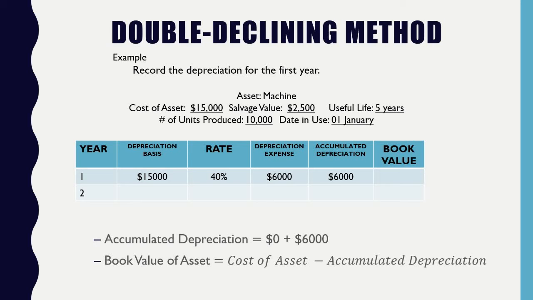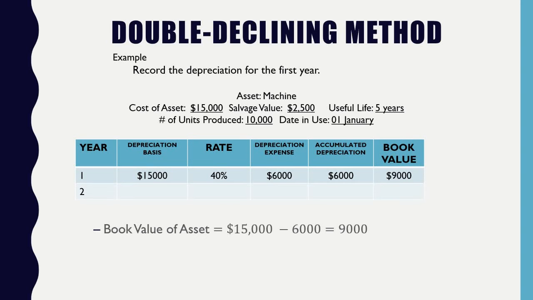So therefore, what is your book value going to be? So it's 15 minus 6,000. 9,000. 9,000. Okay.